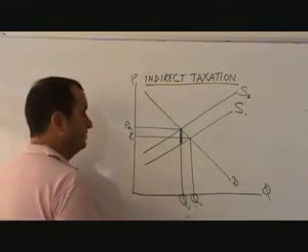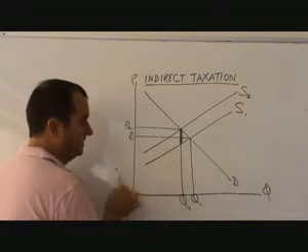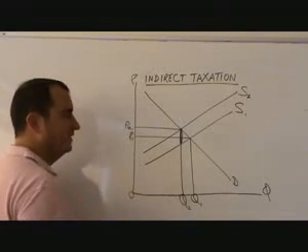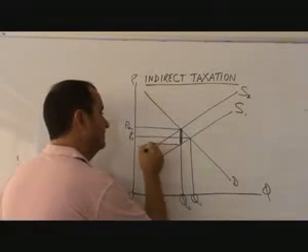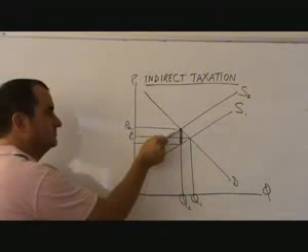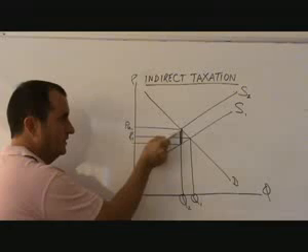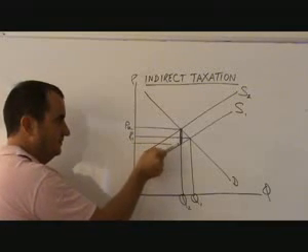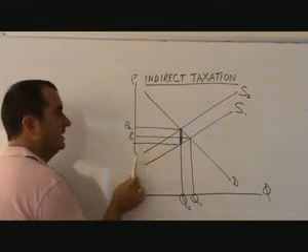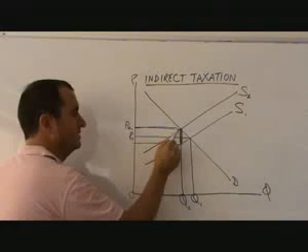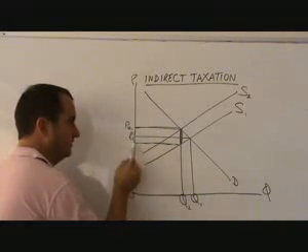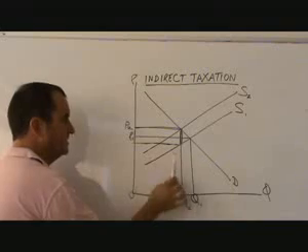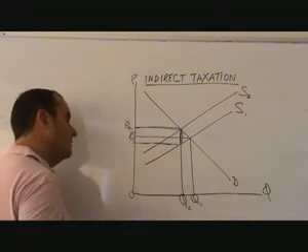That's the tax per unit, multiplied by the number of units being sold, which is OQ2, and that'll give us the total amount of tax. So, the vertical distance between the supply curves at the new equilibrium point is the tax per unit, times the number of units gives us the entire quantity of tax revenue for the government, this rectangle, which is the tax per unit times the number of units.